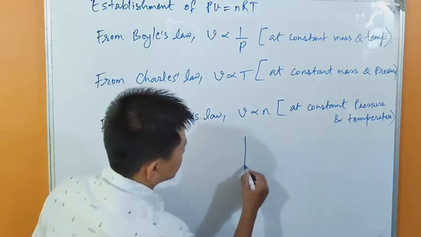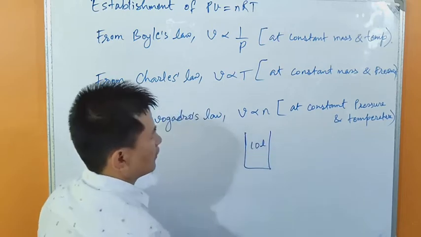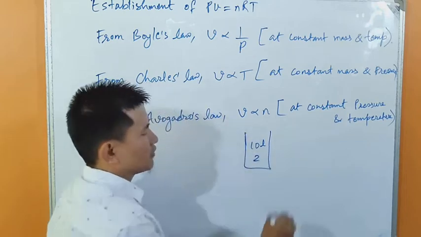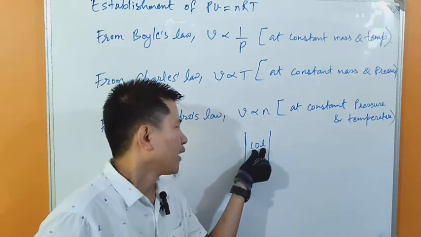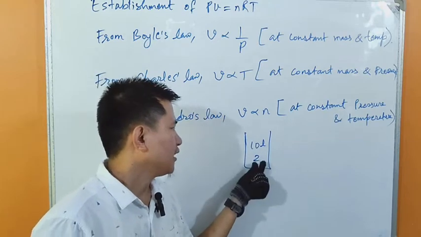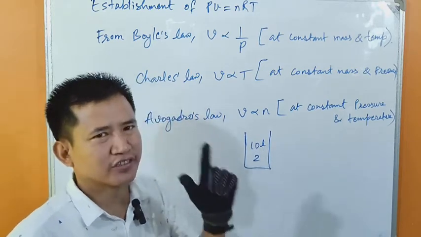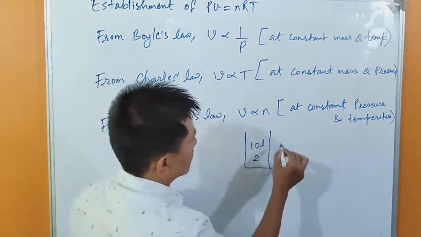Let me take an example. Suppose we have 10 liters of gas and we have two molecules. This is just an example, not a correct one.